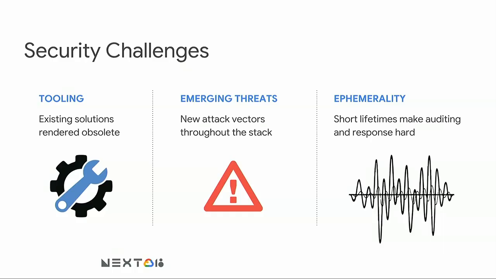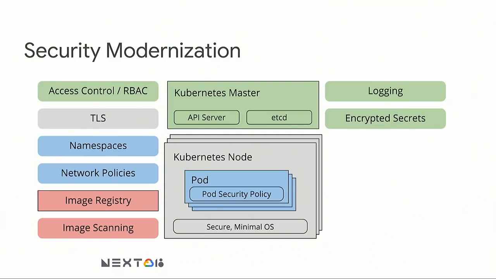The attack surface expands beyond just containers themselves to encompass layers that include the container runtime, the orchestrator, namely Kubernetes, the registry, and so on. And so there's the emergence of new threat vectors that need to be protected against. And then finally, the short ephemeral lifetimes of containers make necessary functions such as auditing, response, and forensics in particular much, much harder. And so to solve these challenges requires modernizing security as well.